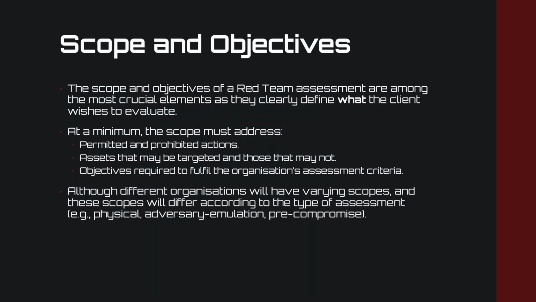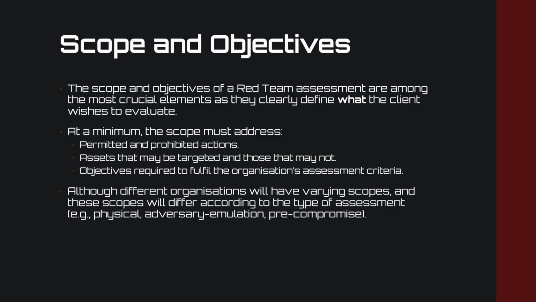So, the scope and objectives. In the previous video, we discussed the meaning of the scope. If you remember, the scope is the document that outlines clearly what the client wishes to evaluate. Diving a little more into it, at a minimum, the scope should address the permitted and prohibited actions, assets that may be targeted and those that may not, and last but not least, the objectives that are required to fulfill the organization's assessment criteria.